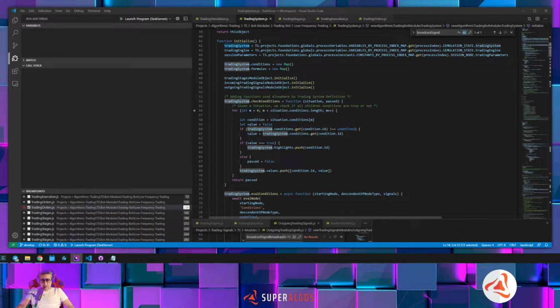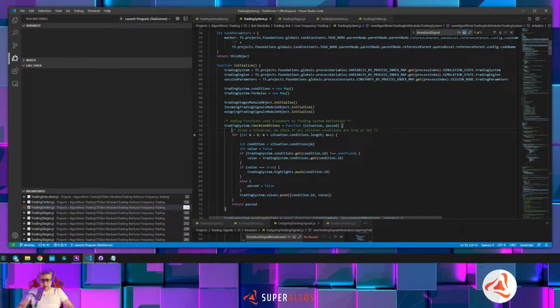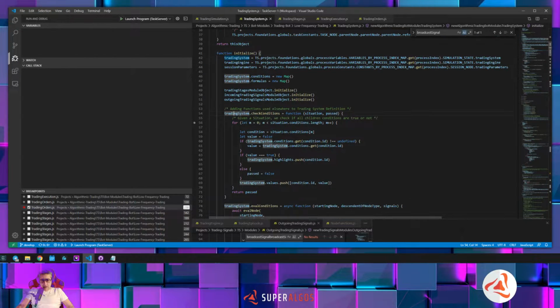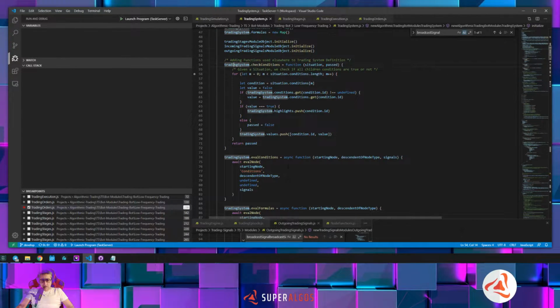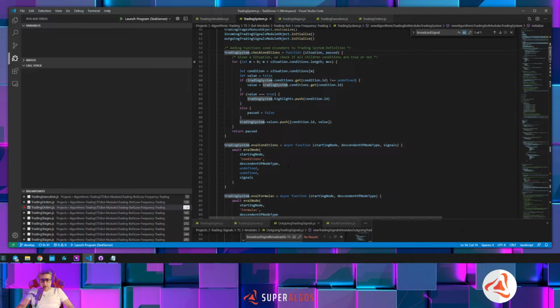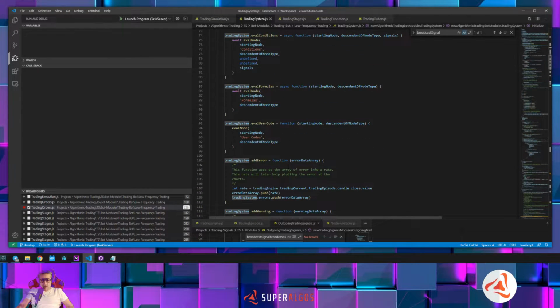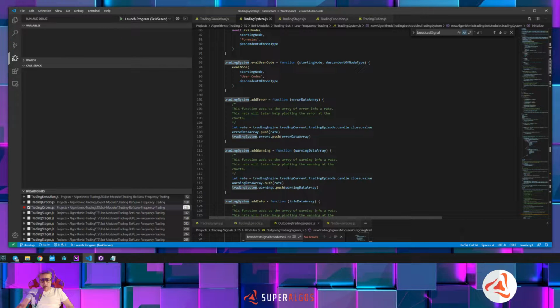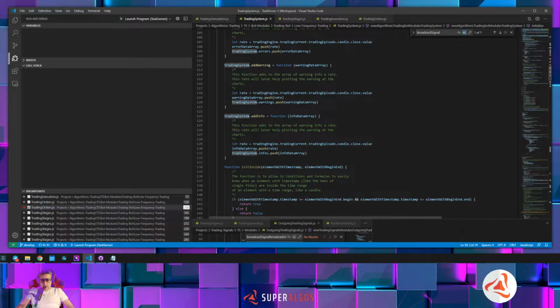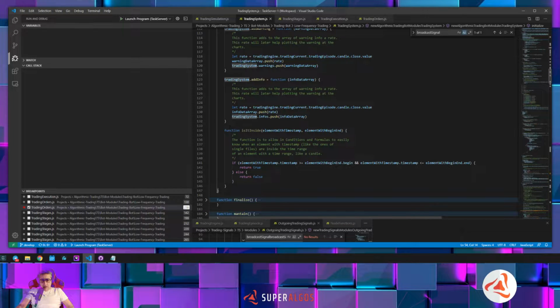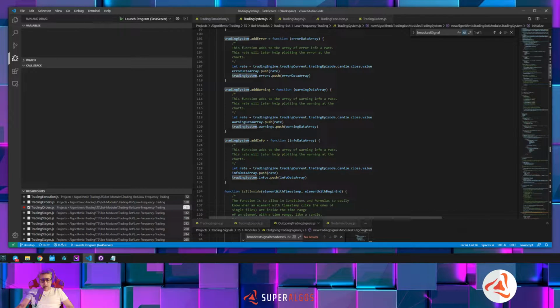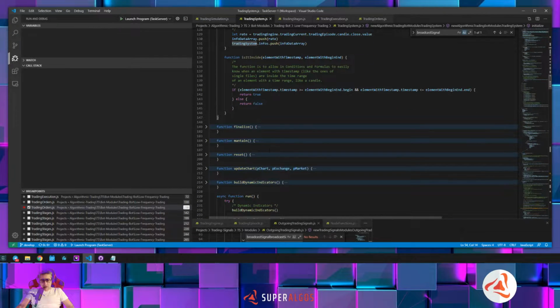Let me continue. So we have the trading system object being manipulated, and we are adding these functions: check conditions, eval conditions, eval formulas, eval user code, add error, warning and info. Is it inside? No, this is something else.